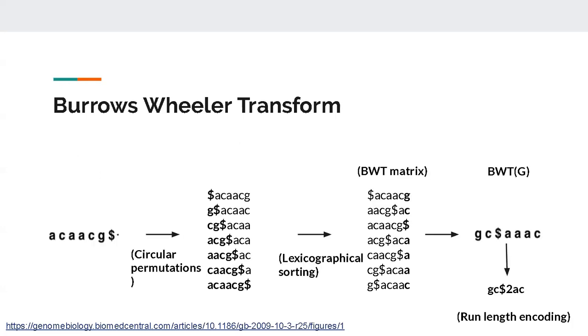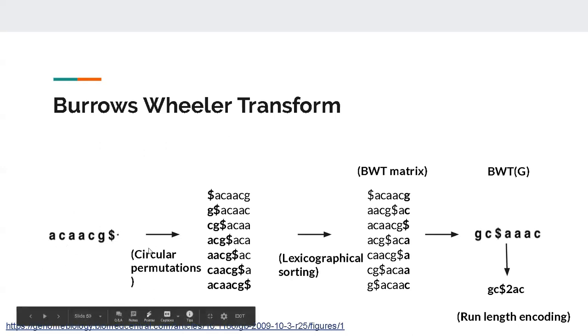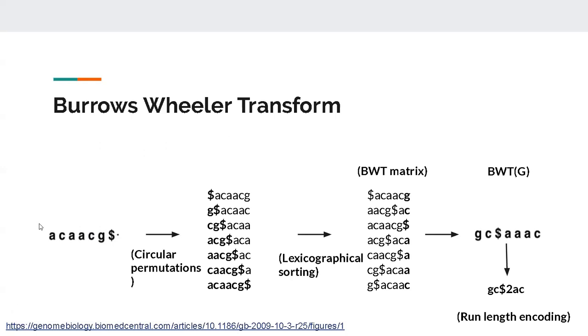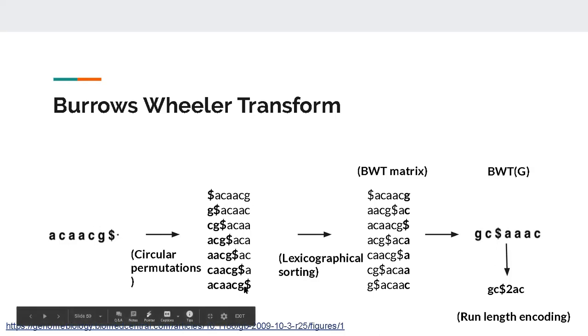So how we go along doing that is, you start with a string and you look at all the circular permutations that are possible. So what I will do is, I will shift this dollar to the first position. So I will get dollar ACAACG. Then now this G, I'm going to shift it cyclically to the beginning of the string. So I'm going to get G dollar ACAAC, and I will repeat the exercise till I get the dollar from the beginning till the end.